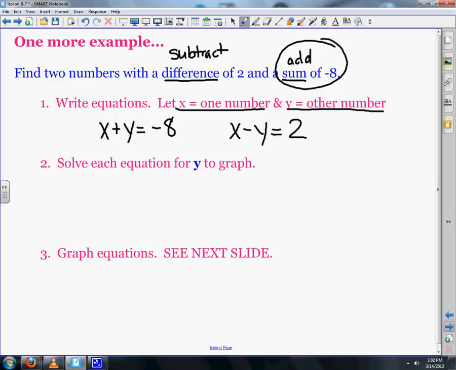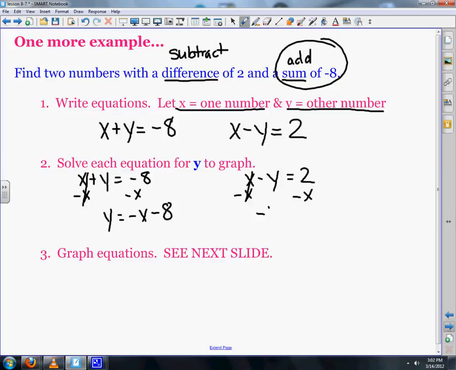So we need to first solve each equation for y, and then we can graph. So we have x plus y equals -8. We add the opposite of x to each side, and y is equal to the opposite of x minus 8. The second equation, x minus y equals 2. We would add the opposite of x to each side.